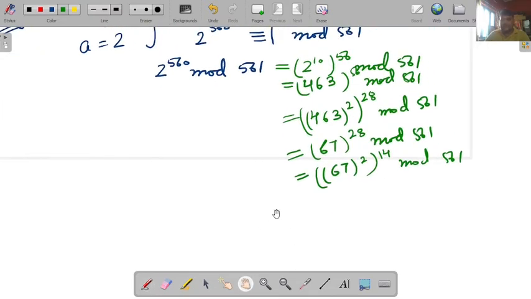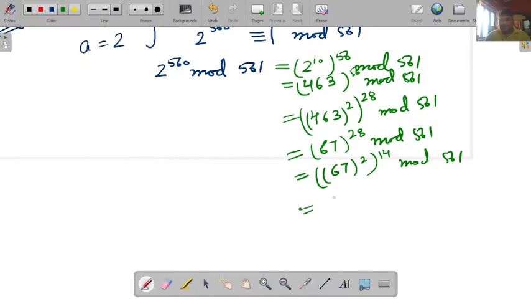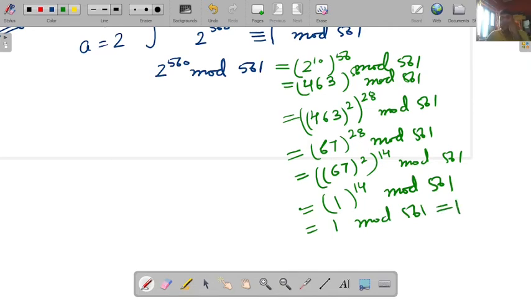Let's solve this. Take the square of this one mod 561, what do you get? 1. You get 1. 1 to the power 14 mod 561 is equal to 1. So by this we would assume it is a prime.